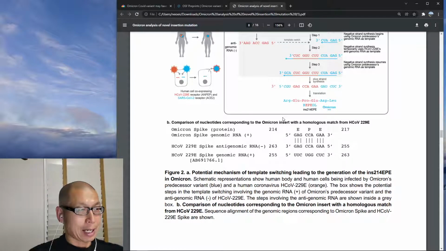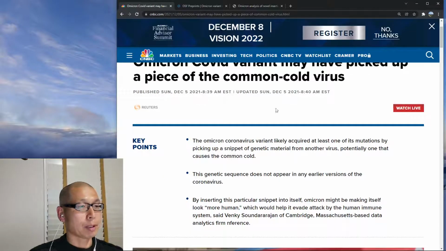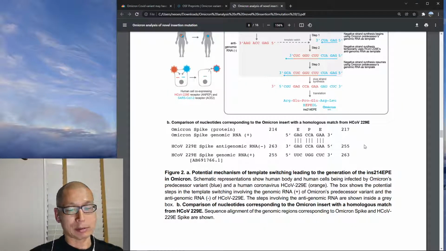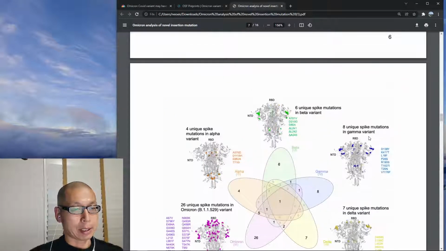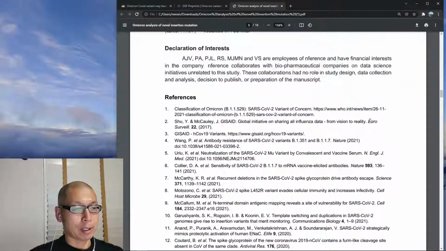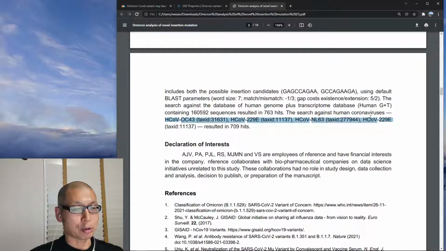I think it's always funny when I read these popular press articles how they overstate or misinterpret the actual paper. This is one of the reasons I like to look at the original paper on this channel, because when scientists talk to reporters, sometimes they like to talk and theorize, but when they write the paper, they are very precise about the language they use, and they don't like to go out on a limb too much.